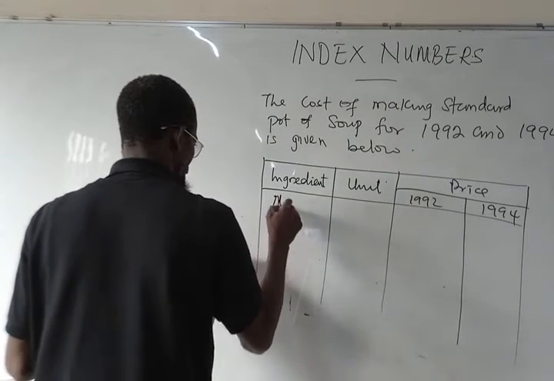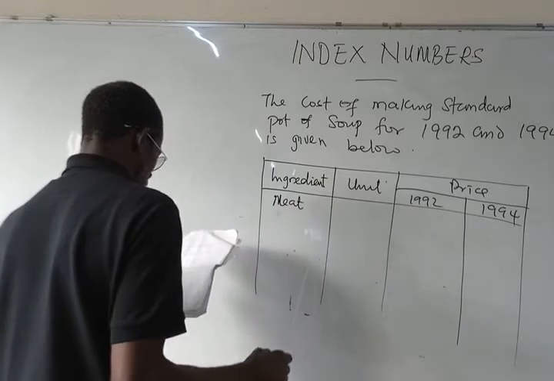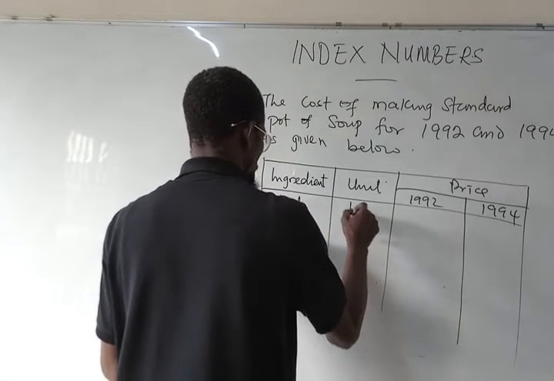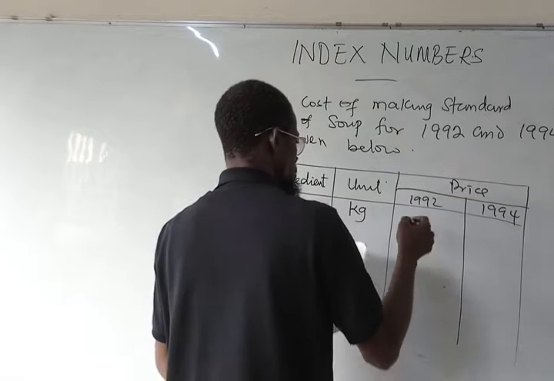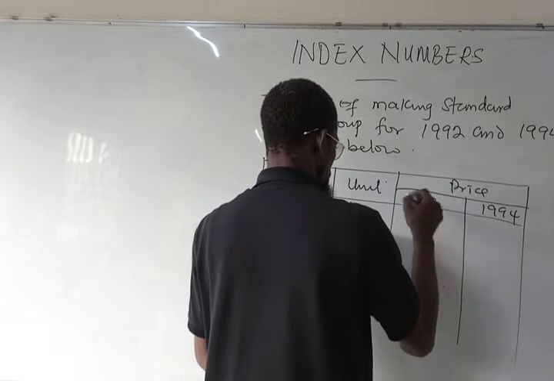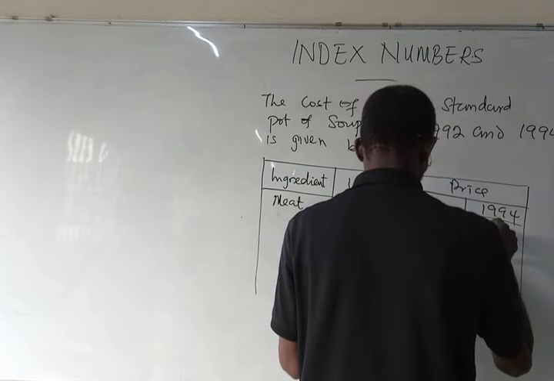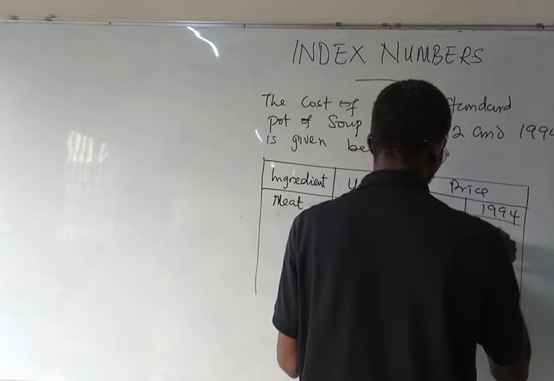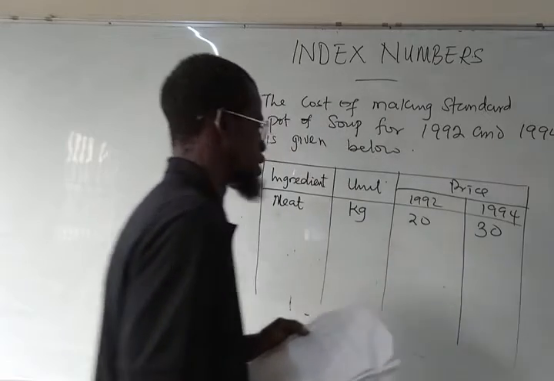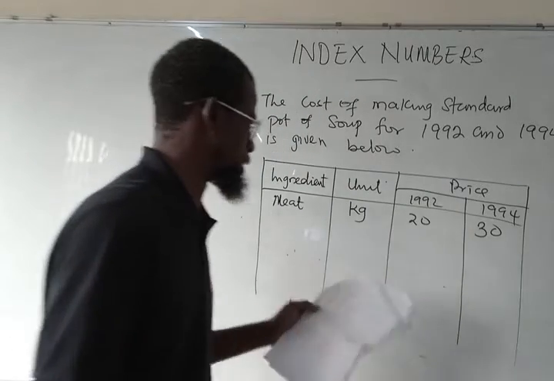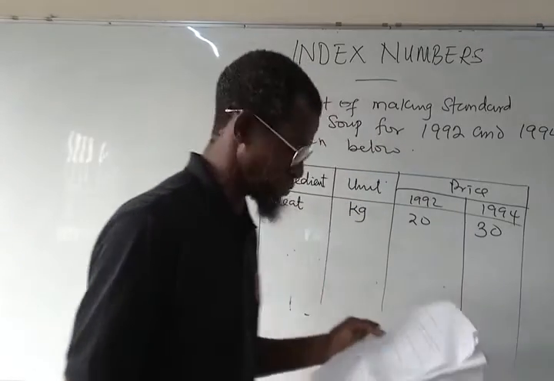So meat, as at 1992, is measured in kilogram and is sold at the rate of 20 naira, whereas in 1994 we can buy the meat at the rate of 30.